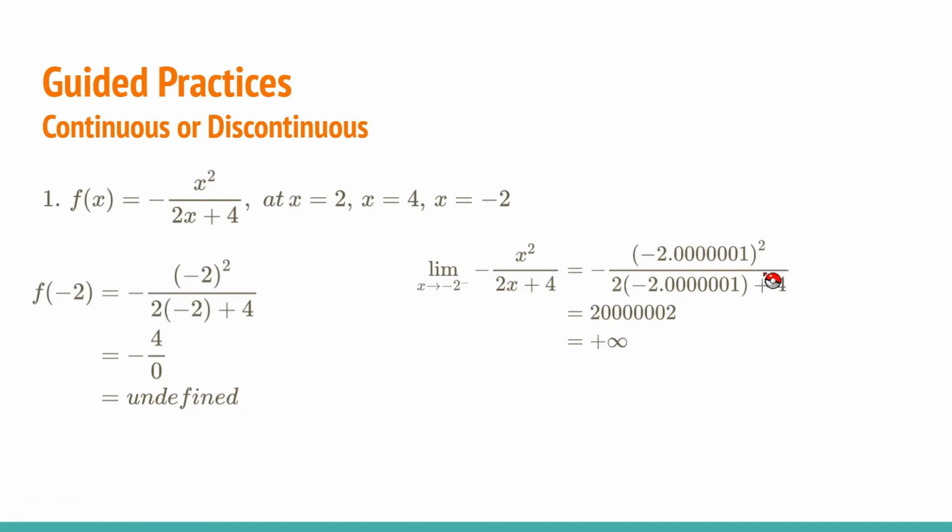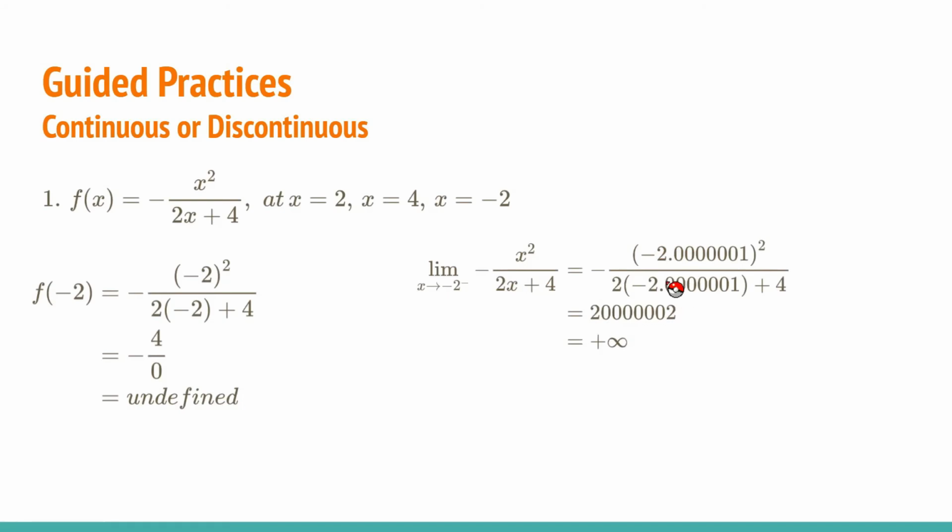This could be any value, by the way, as long as it approaches negative 2 from the left. So if we replace the values of x with negative 2.00000001, we find that it actually approaches positive infinity.